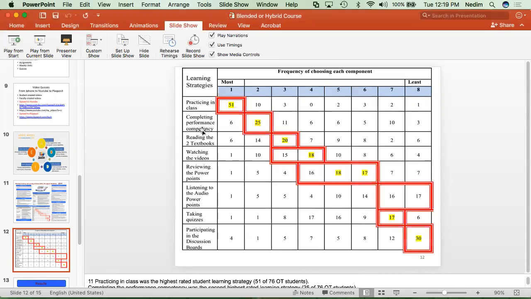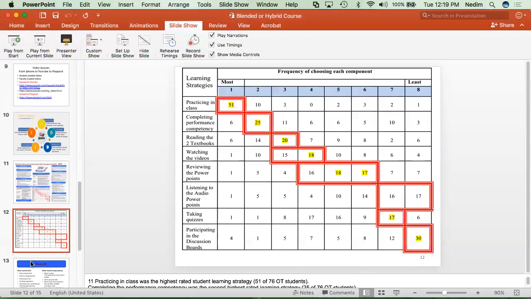Actually performing the competency was number two. They really did not like how we set up the discussion boards at first, and now we've changed that so that the discussion boards relate more directly to the actual performance competencies that they have to pass. It was interesting feedback to get because we've changed some things in the course based on their feedback.